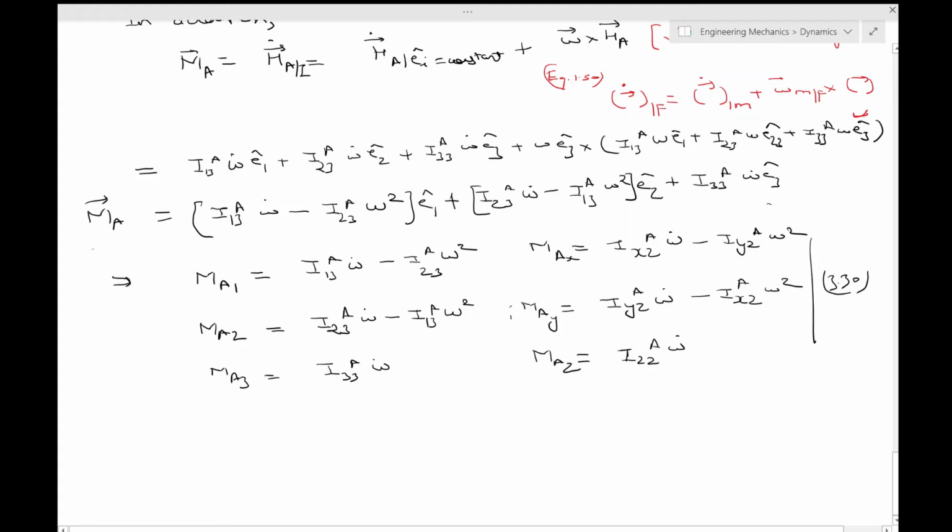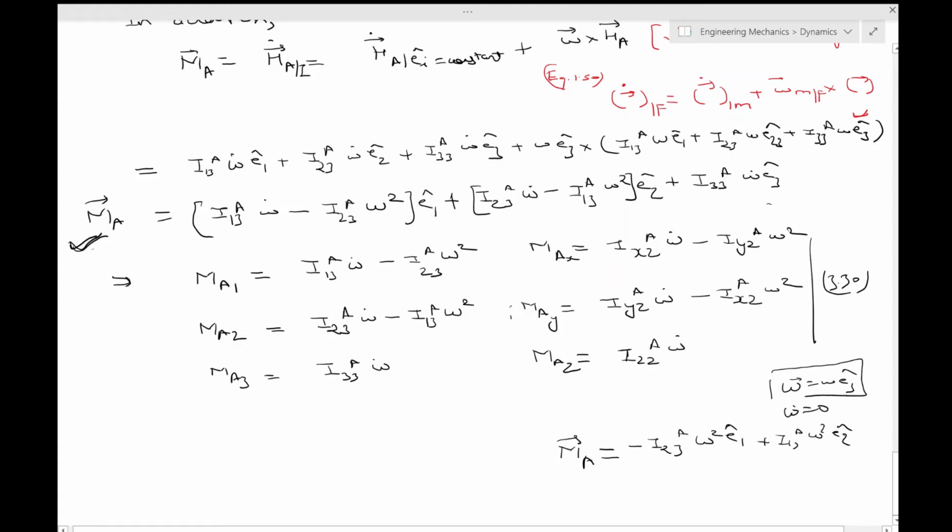So if your omega itself is constant, meaning the omega vector is constant, then clearly omega dot will be equal to 0, and once that happens, a lot of these things become 0. So looking at this equation, omega dot is 0, so I should only have minus I23 a omega square E1 hat plus I13 a omega square E2 hat.